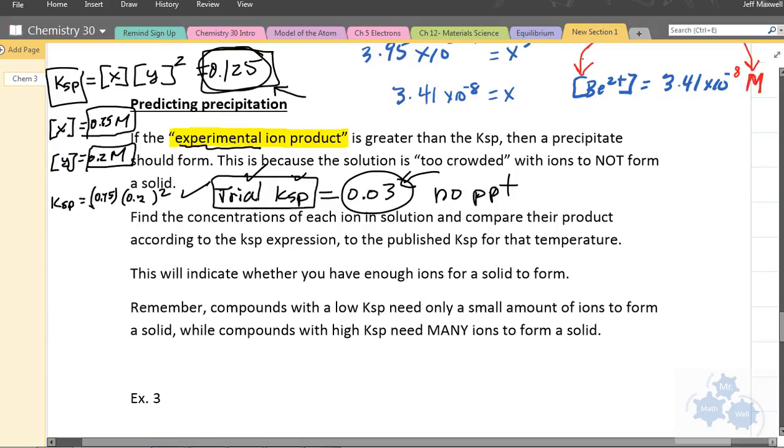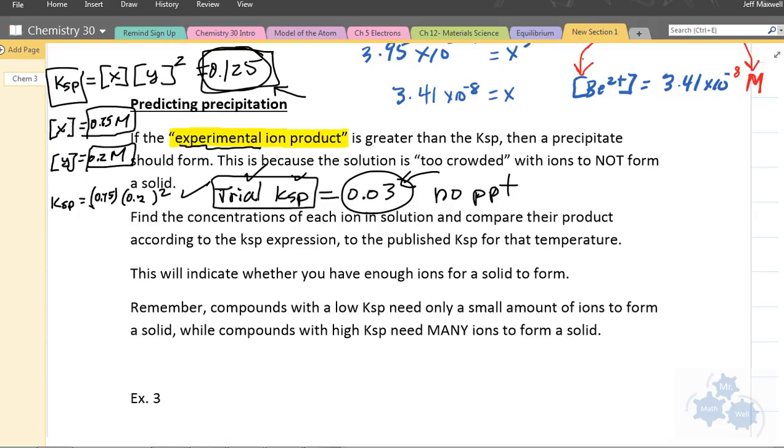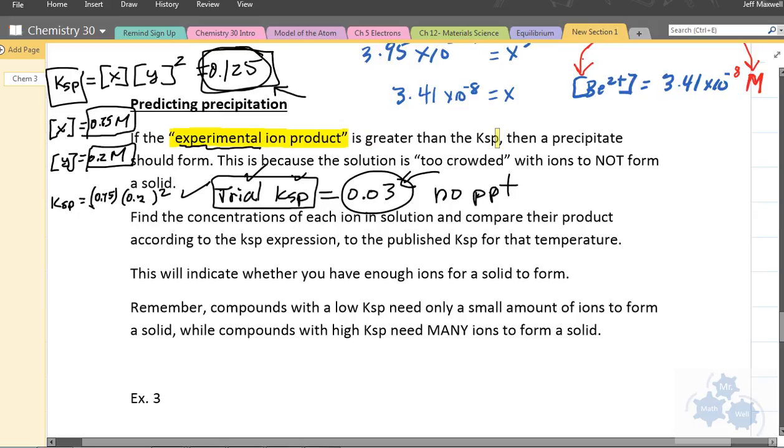So if the experimental ion product is greater than the Ksp, that's the published Ksp, then a precipitate should form. And what we did just now was I just ran through that with you, right? This is the published Ksp, or the given Ksp. This is our trial Ksp, taken from the actual measurements, which were given here from our lab. Put them in the Ksp expression, and this is the number you get. So if it's greater, a precipitate should form.